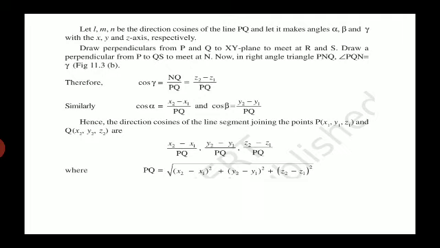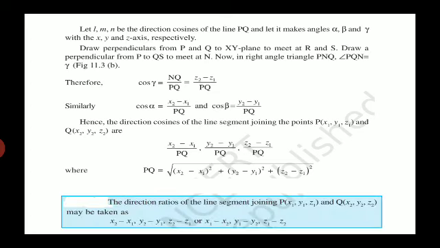Hence, the direction cosines of a line segment joining the points P(x1, y1, z1) and Q(x2, y2, z2) are x2 minus x1 by PQ, y2 minus y1 by PQ, z2 minus z1 by PQ, where PQ is nothing but the distance between the points P and Q, equal to square root of (x2 minus x1) square plus (y2 minus y1) square plus (z2 minus z1) square.